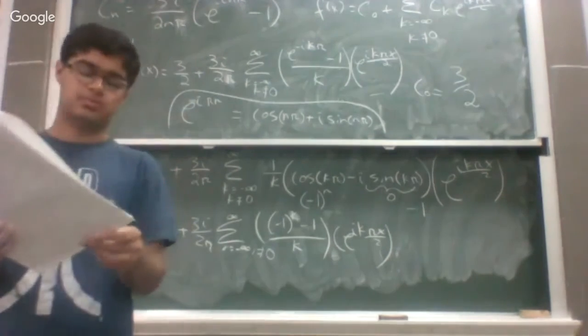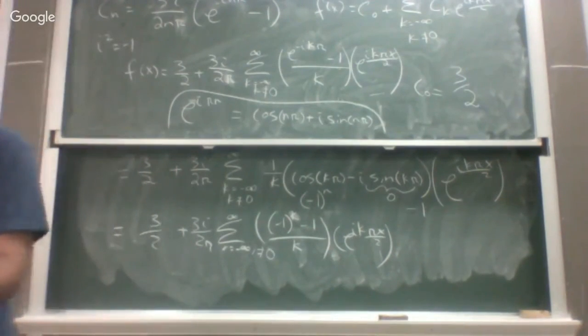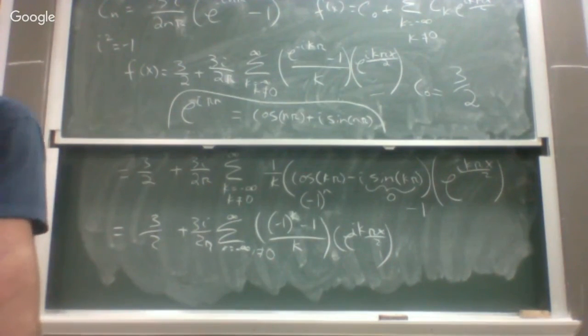Wait, no. Like A sub n and A sub 0, are they similar at all to C sub n and C sub 0? A sub 0 is, wait, is it 2 over L?